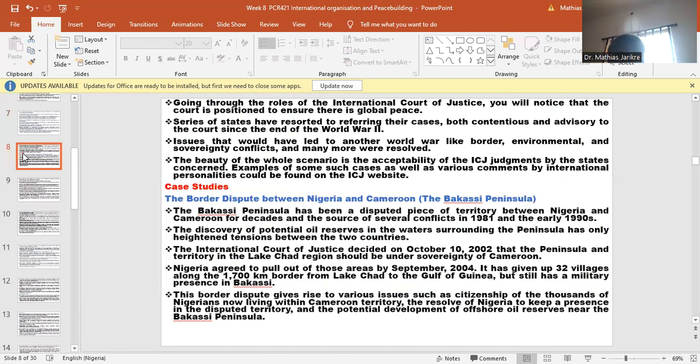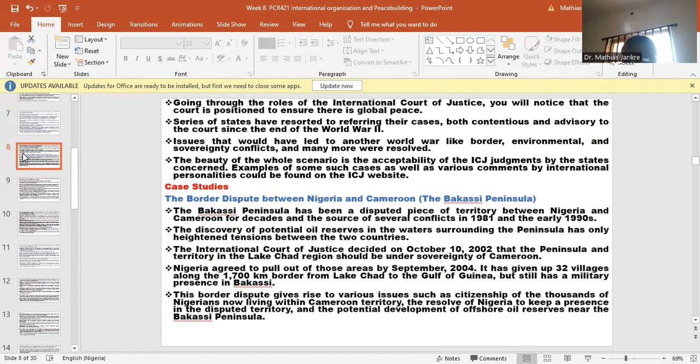Going through the role of the International Court of Justice, you will notice that the court is in a position to ensure there is global peace. A series of states have resorted to referring their cases, both contentious and advisory, to the court since the end of the Second World War.